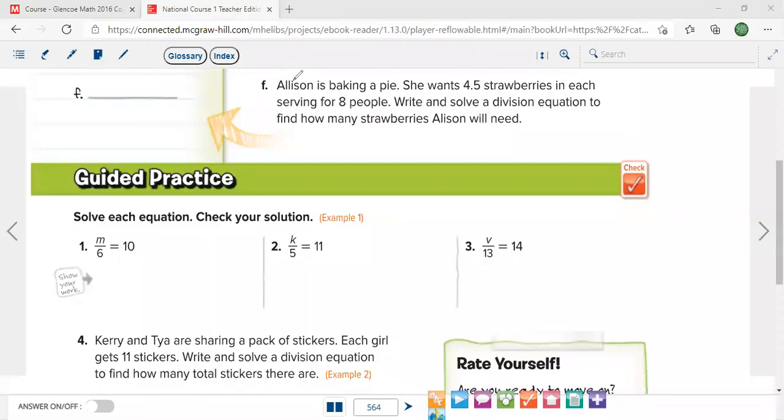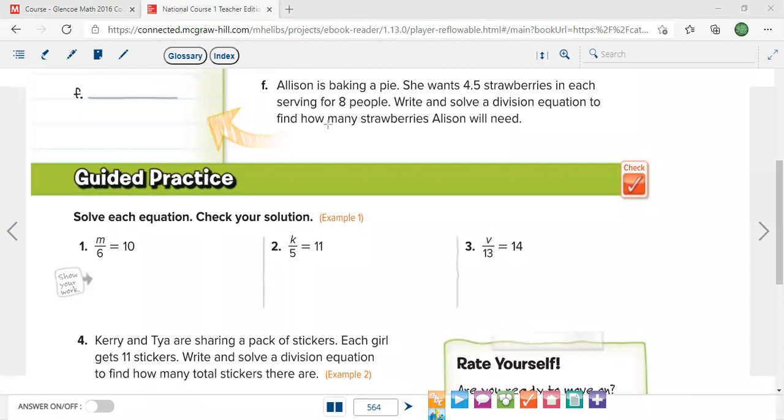In problem F, Alison is baking a pie. She wants 4.5 strawberries in each serving for 8 people. Write and solve a division equation to find how many strawberries Alison will need.